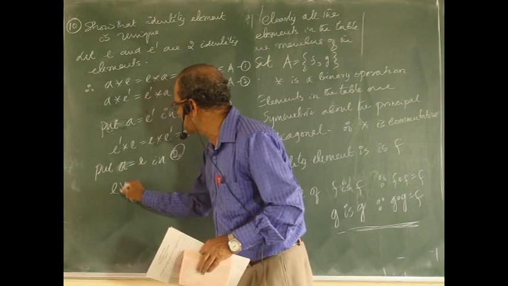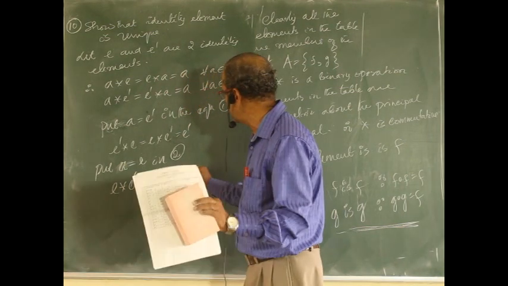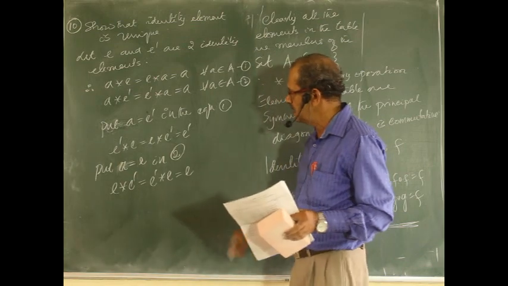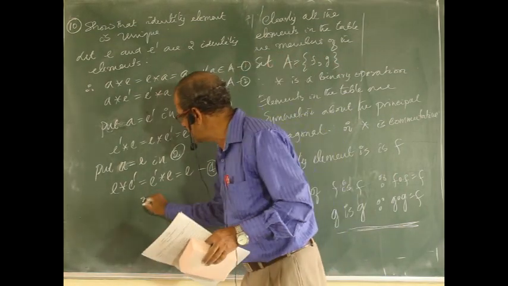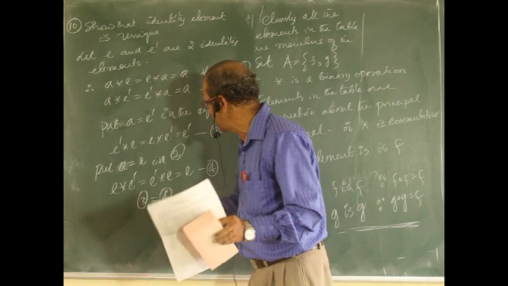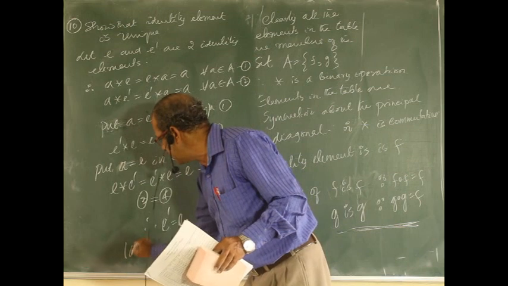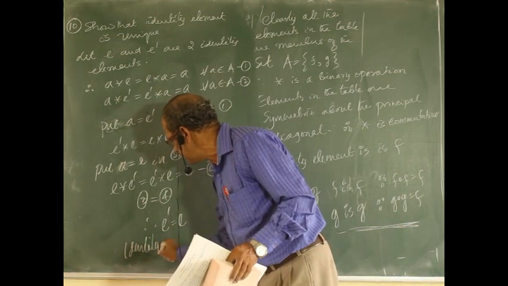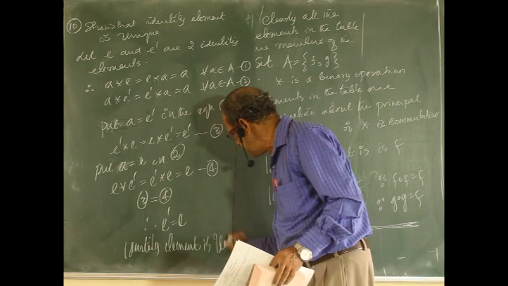You get E star E dash equal to E dash star E equal to E. 3 and 4 are same. 3 is exactly equal to 4. Therefore, E dash equal to E. Identity element is unique.